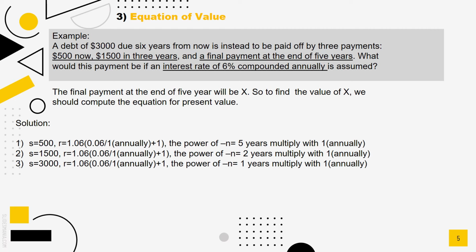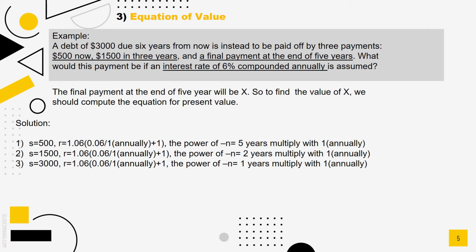So after you get 0.06 divided by 1, you get 0.06, and plus the 1, you get 1.06. So the value of R is 1.06.